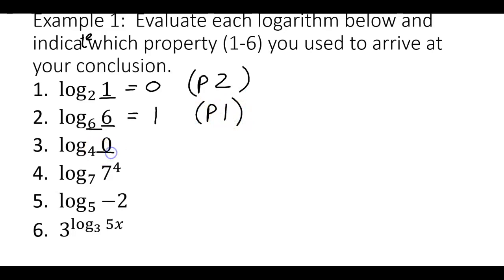Here, I notice there's a 0 here. That's not allowed. Always got to be a positive number, so that's a no solution. I think that's property 5. Here, I notice that these are the same, but there is a power. And when that happens, the answer is the power. And I think that's property, thank you.